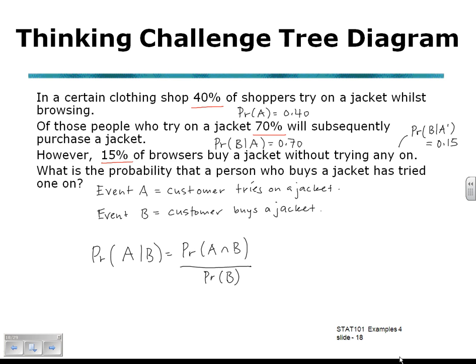So in the question we're given probability of B given A, we're looking for the probability of A given B, two very different things.